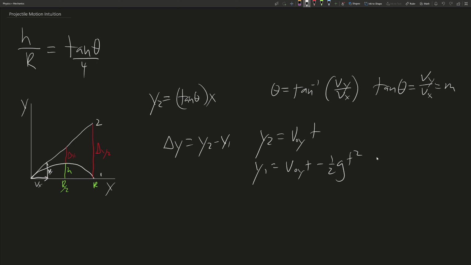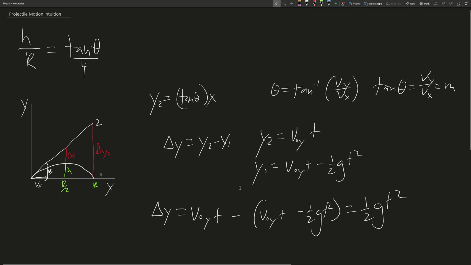So this is with respect to time, not with respect to the range, or x. Now we know, based on these two, that the difference in height is going to be equal to v0y times time minus v0y times time minus 1/2 gt squared, which is equal to just 1/2 gt squared.